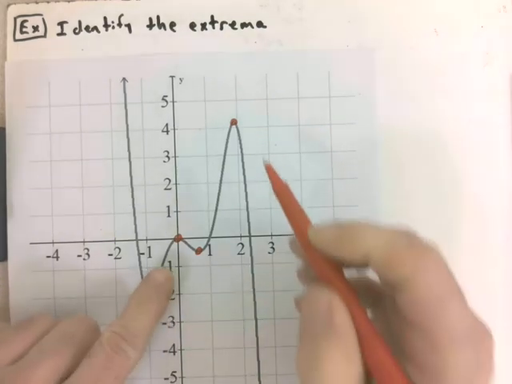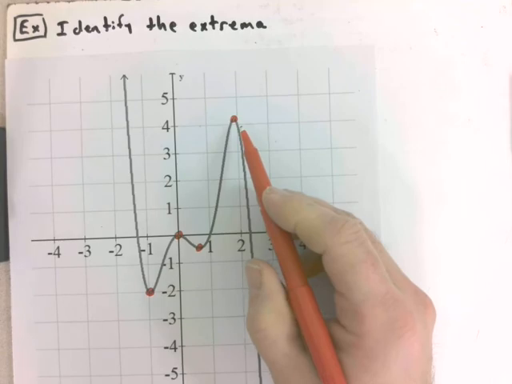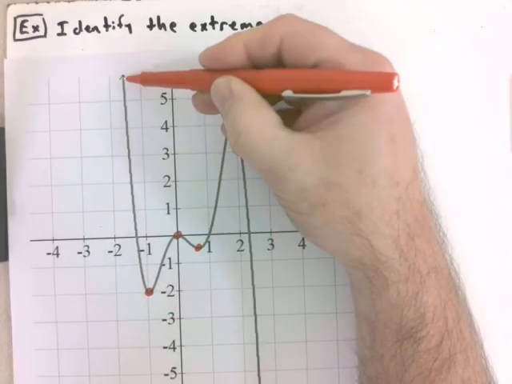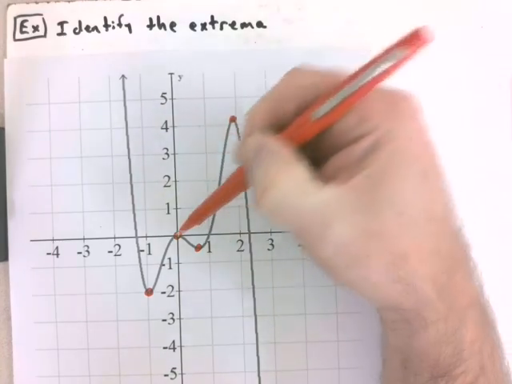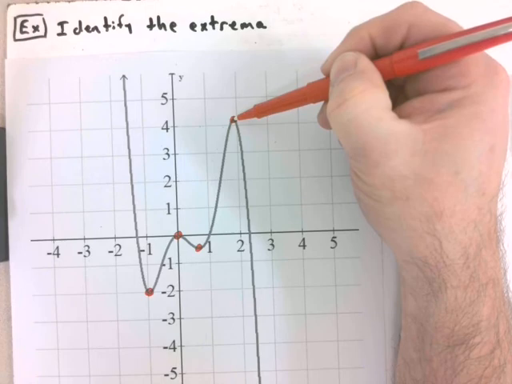When I look at the two peaks, I'd want to see if any of these relative maximums are absolute, but if I look at either one of these peaks, there are other points that are higher, so neither of these are absolute maximums, they are both relative maximums.